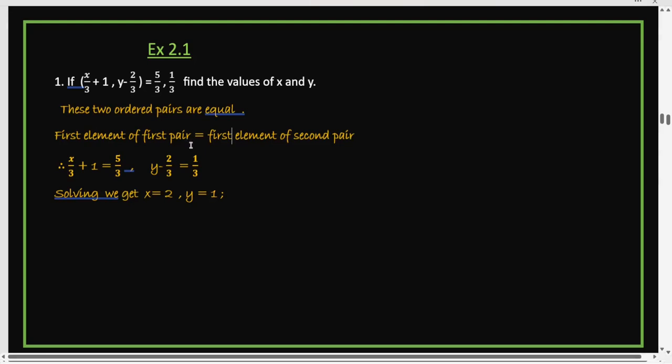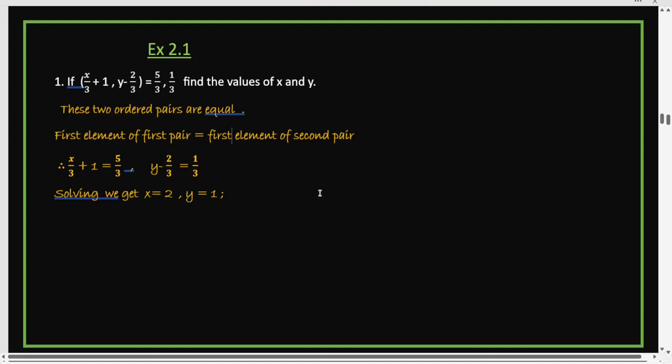So we'll equate them. x by 3 plus 1 equals 5 by 3, and y minus 2 by 3 equals 1 by 3. On solving, we get x equals 2 and y equals 1.